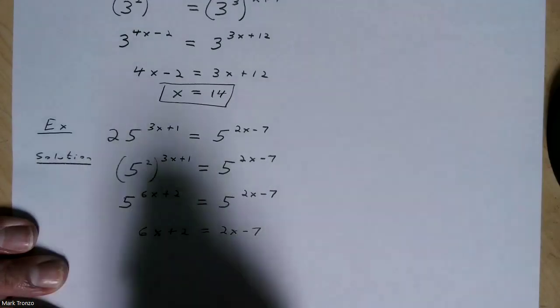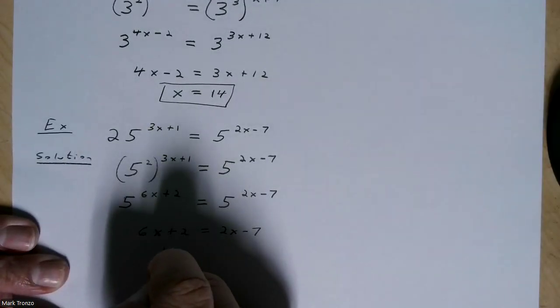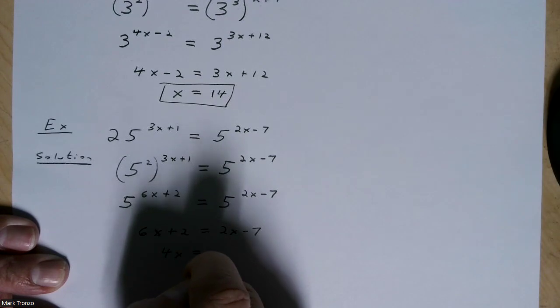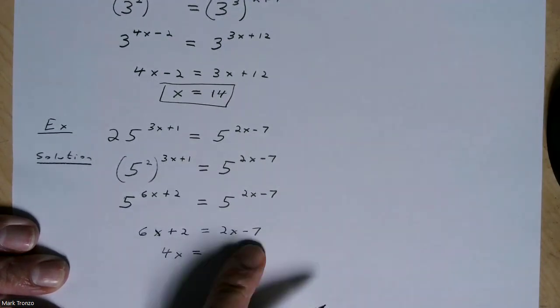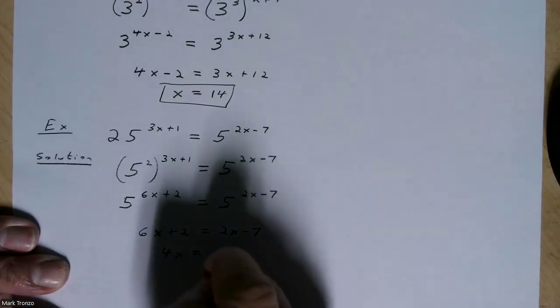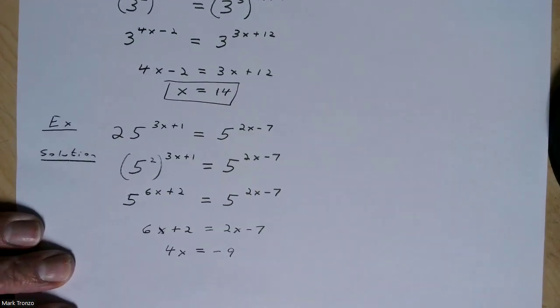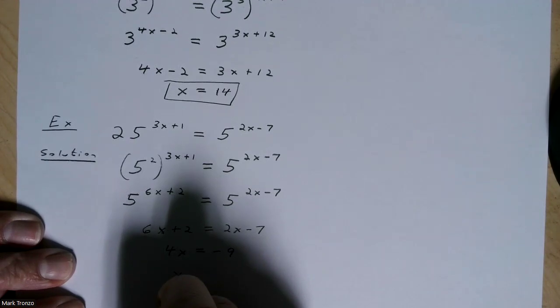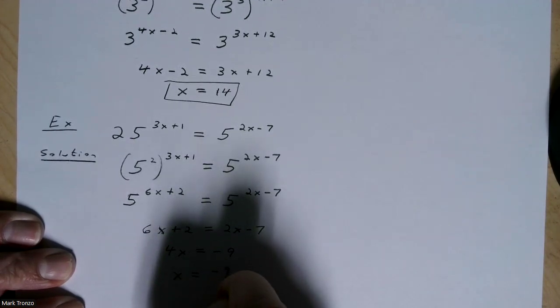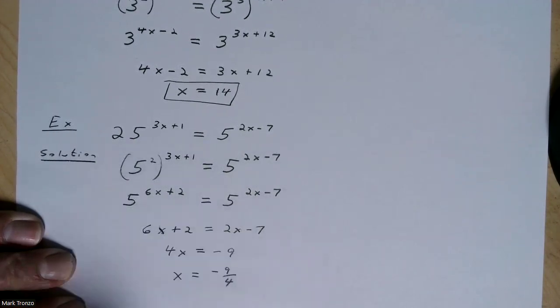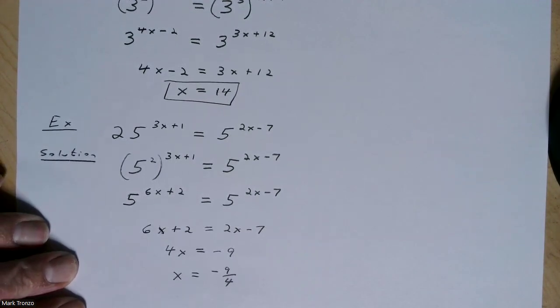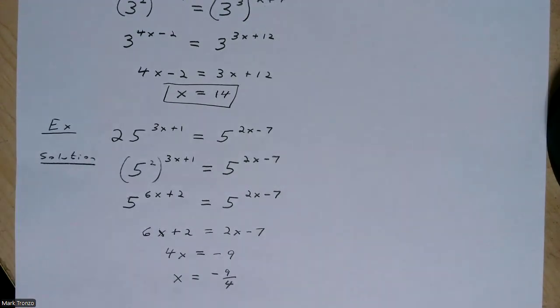And let's combine the x's and bring this over to the right. Then if we divide by 4, we get x equal to minus 9/4. Again, we always have to make the exponents equal.